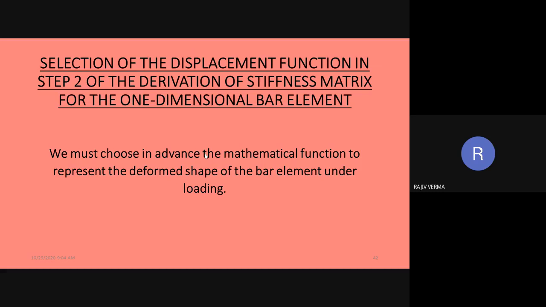So you should always have an idea of the possible response of the system so that it can be properly incorporated as a mathematical expression in the displacement equation. This point becomes very necessary. Unless you are able to incorporate this particular response, all your FEM formulations are going to be wrong.